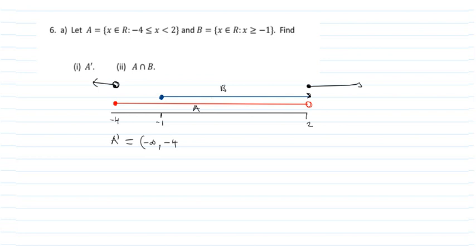The infinite part, we don't know where it will end. We are not touching -4 because it was part of A at first, so we are not touching it at all. So that's the A complement.